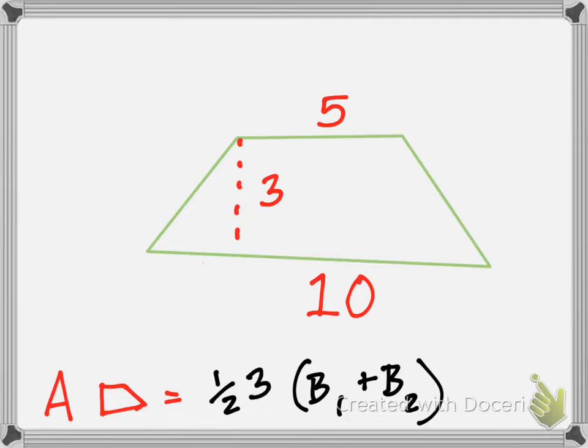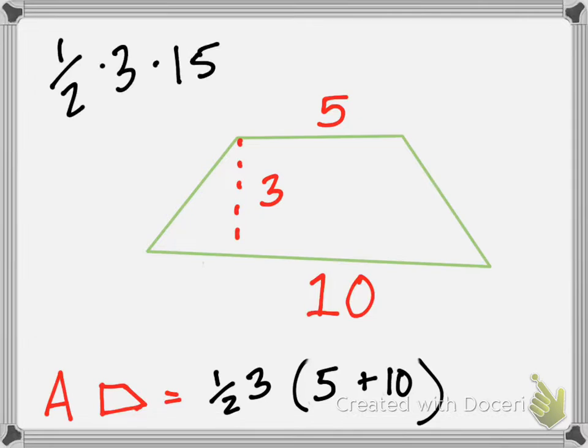Our height is 3. What's our base 1 then, Andrew? Our base 1 is 5. Based on that, what is our base 2 then, Rafi? 10. Excellent. So now we're going to have this be 1/2 times 3, and 5 plus 10 is 15, times 15. So in this case, there's no even numbers.